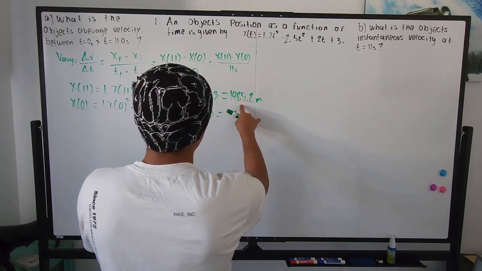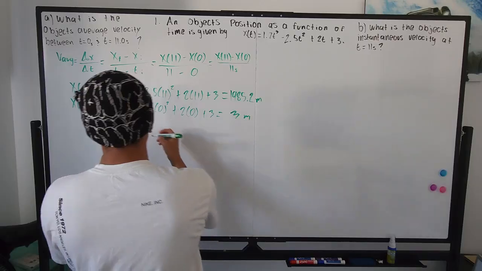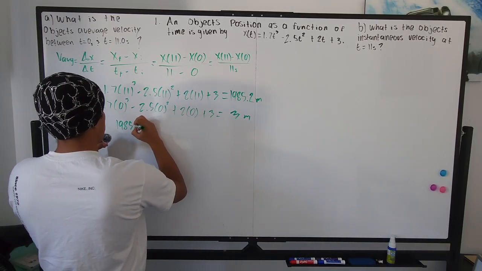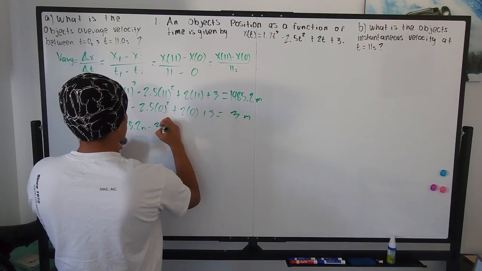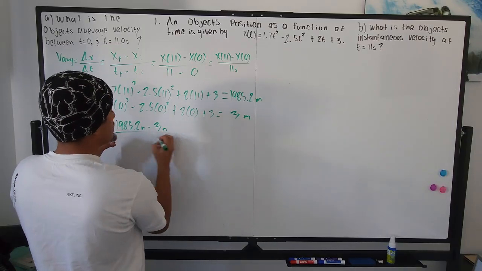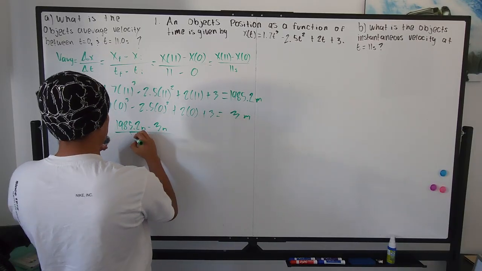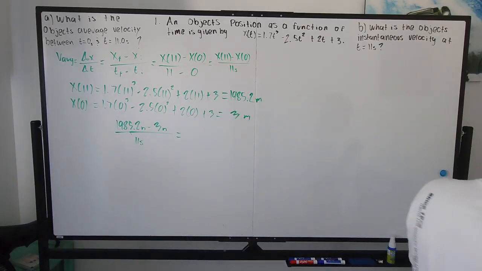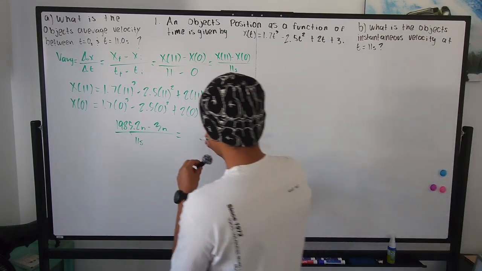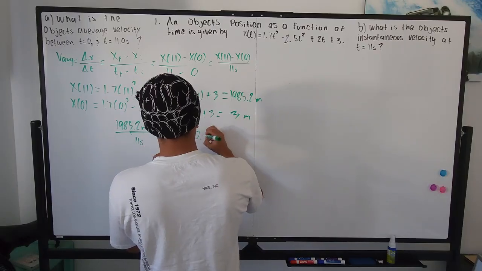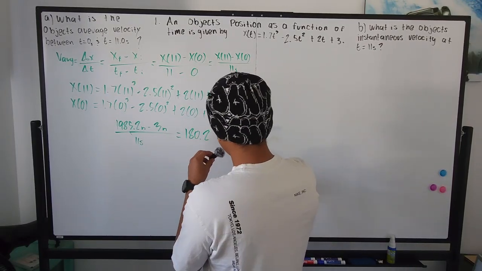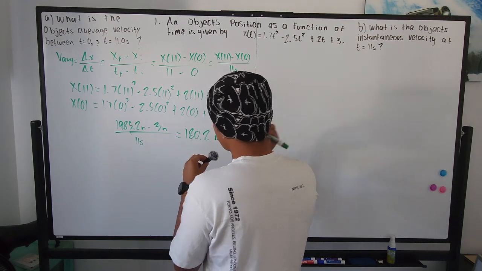Now we plug these values back in, and we get 1985.2 meters minus 3 meters all over our 11 seconds. This will get you a final answer of 180.5.2. Top is meters, bottom is seconds, so meters per second.